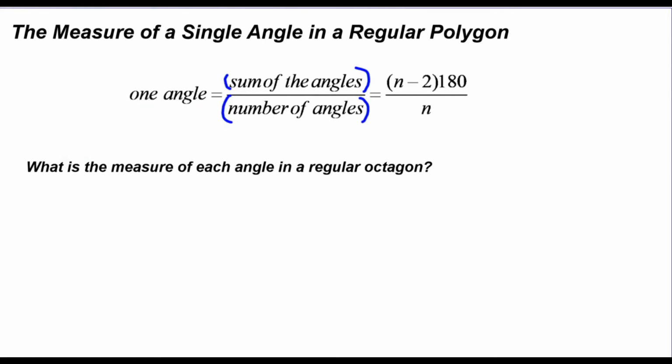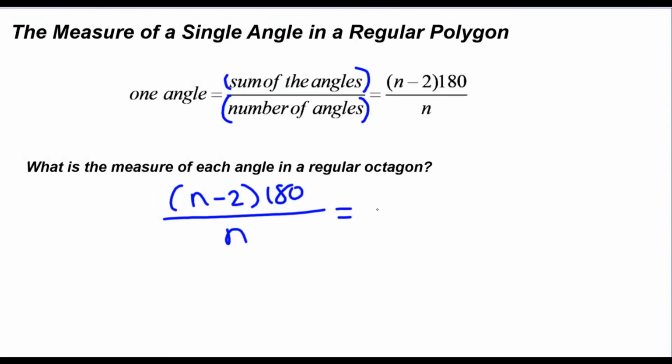So let's try it here. What is the measure of each angle in a regular octagon? So if we were trying to create a regular octagon, looks like a stop sign, what is each interior angle going to be? So we have to find what the sum of the angles is going to be, n minus 2 times 180. And we're going to divide that by the number of angles that we have, which is n.